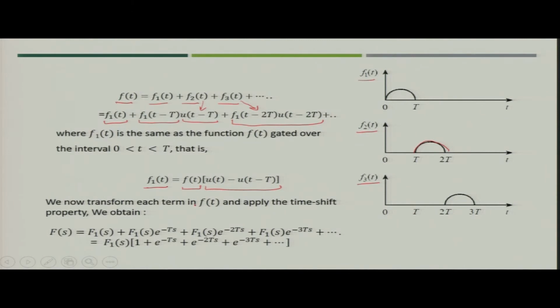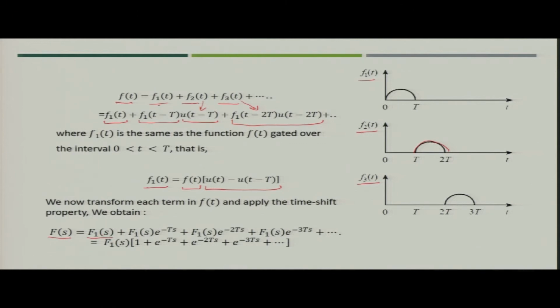Now, if you are asked to find the Laplace transform of the periodic function, that is F(s), what will you write? You will write the Laplace transform of function f1(t), that is F1(s).